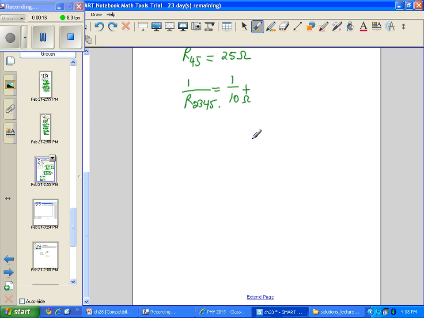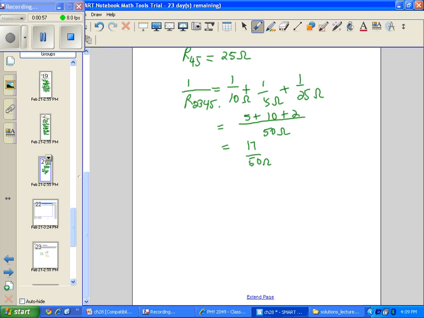We were attempting to calculate the value of R2345, and we were writing down 1 over 10 ohms plus 1 over 5 ohms plus 1 over 25 ohms, and we get a common denominator here of 50 ohms, and therefore we have 5 plus 10 plus 2, which gives us 17 over 50 ohms.